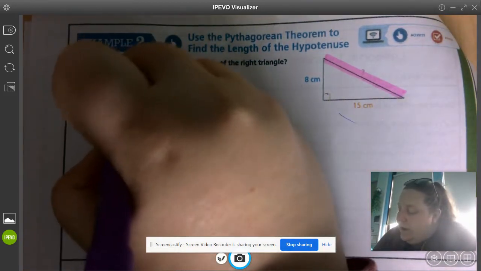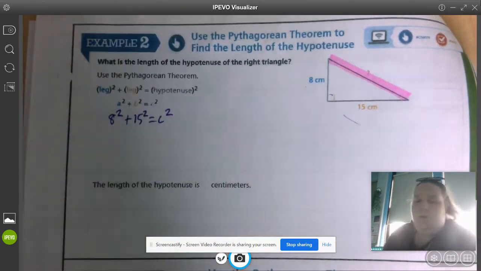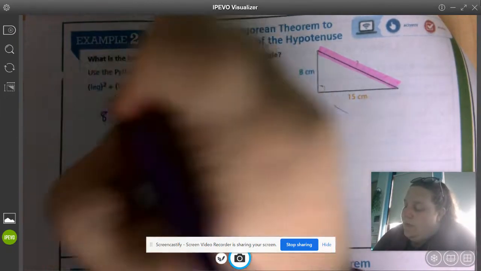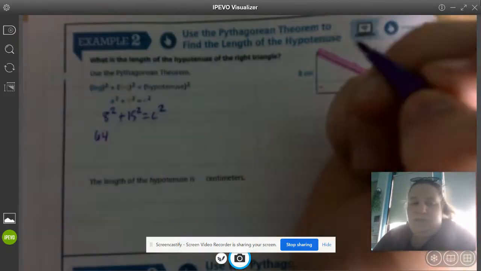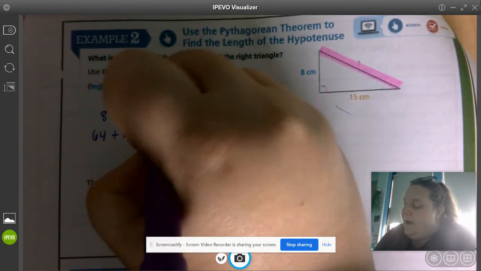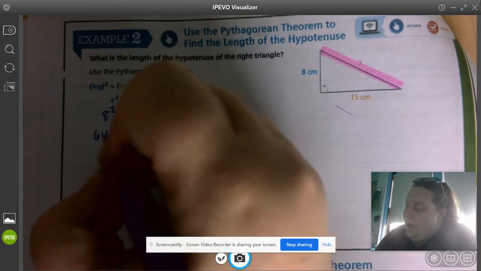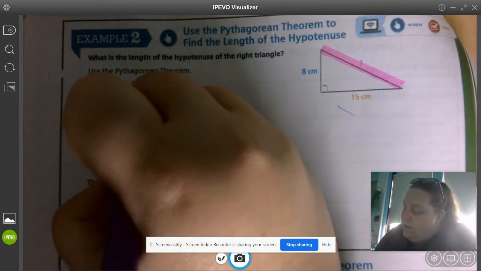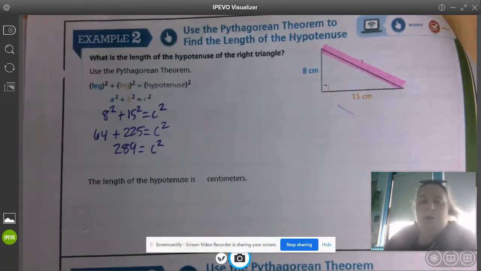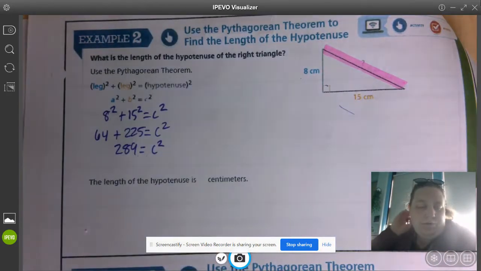So 8 squared plus 15 squared equals c squared. So 8 squared means 8 times 8, which is 64. 15 times 15 is 225, still equals c squared. So I go ahead and add these together. Now our goal is to get rid of the 2, or the square, the power of 2.